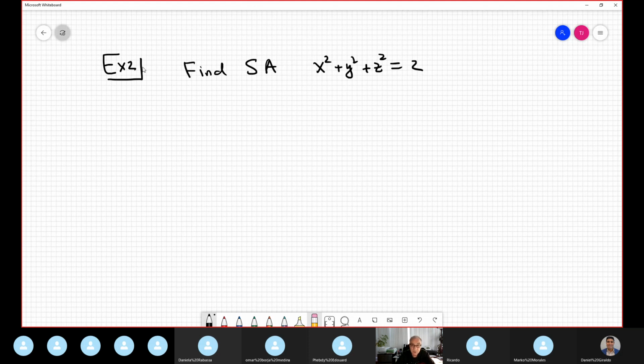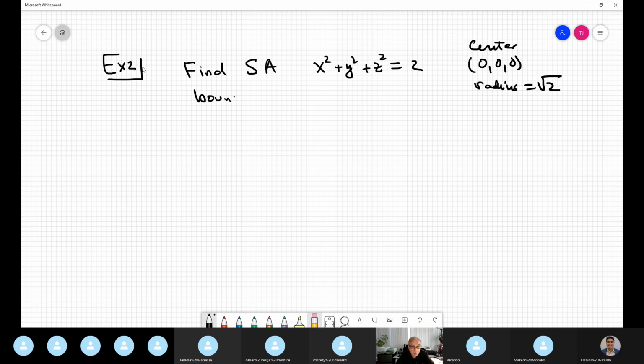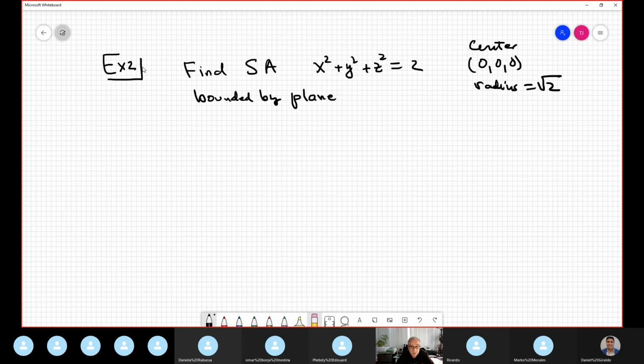It's a sphere, right? A sphere with the center located at the origin, 0, 0, 0, and the radius is radical 2, and bounded by the plane z equals 1.